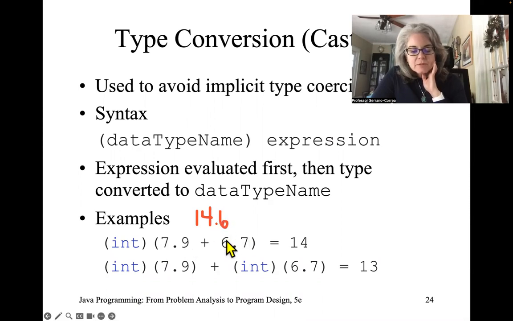That's what the sum is of these two numbers. Then we tell the compiler make this an integer. So it just gets rid of that 0.6. Here, we get rid of that, we get rid of that, and then we add it and we get 13.